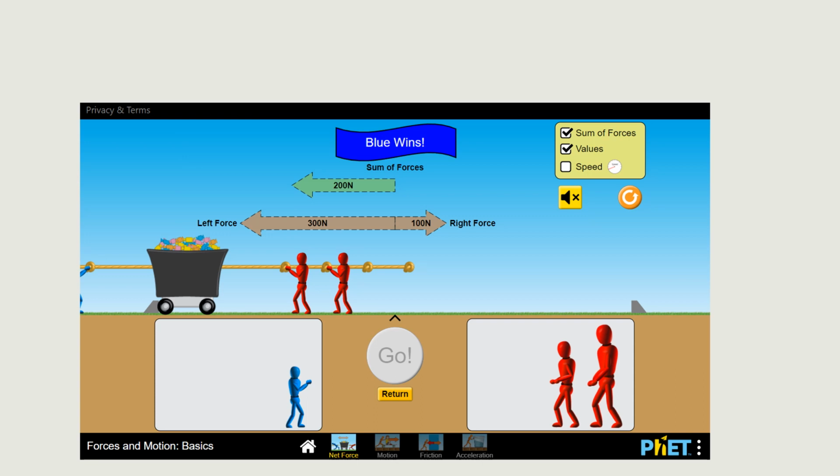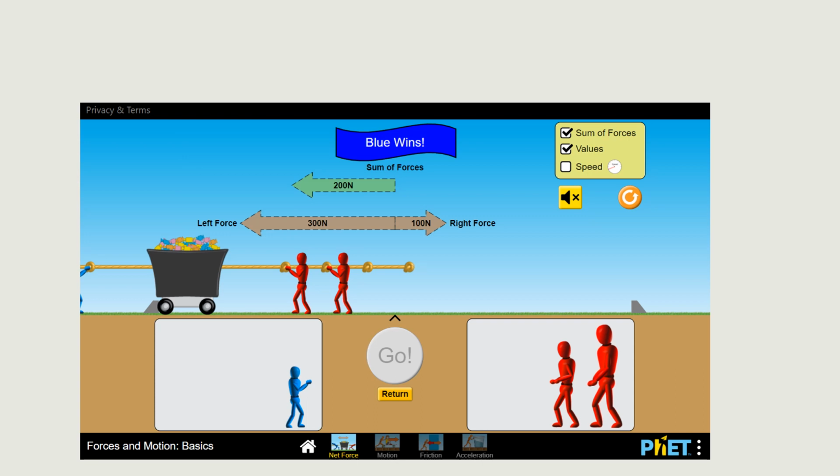Definitely they will move to the left side. Why will the chart move to the left side? Because there is more force. How much more force? 300 minus 100, so the resultant force is 200 newtons.